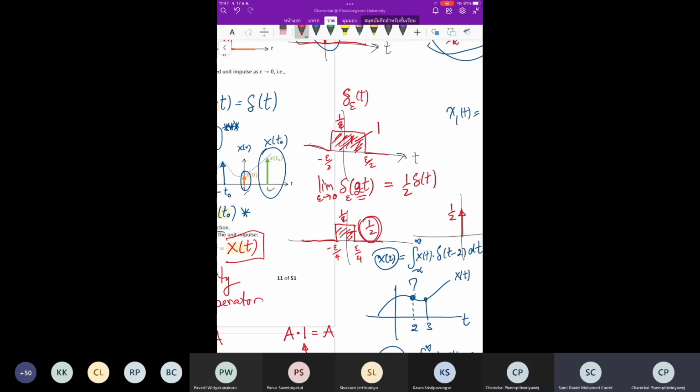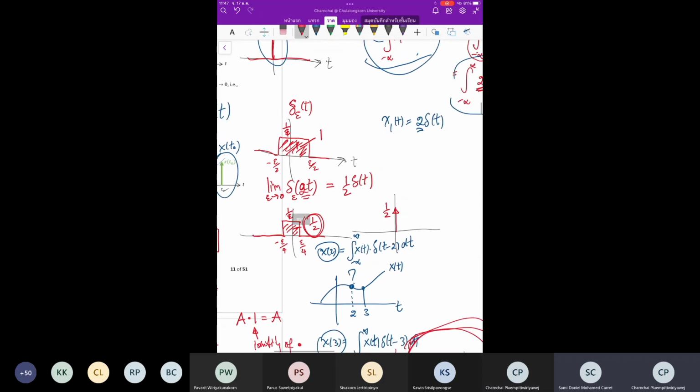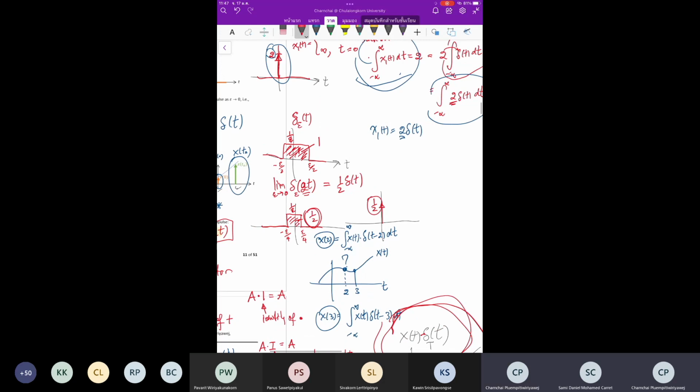And what did you want to describe about epsilon over 2? The area under this one, so the height is 1 over 2. Oh, okay. That's why you got 1/2 of delta t.